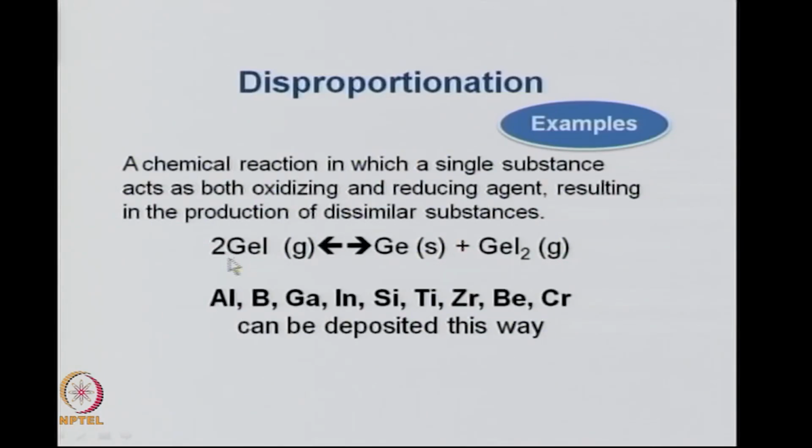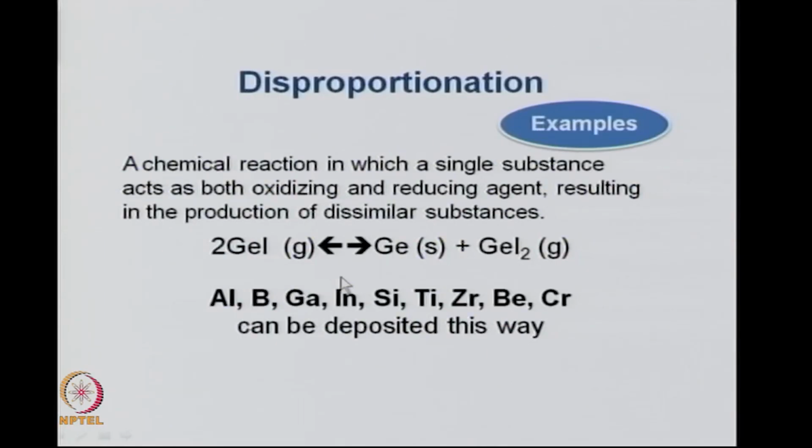So, you start with 2 moles of germanium iodide, where one of them oxidizes the other and the other one reduces the other. So, GeI, where germanium is in oxidation state +1, when 2 molecules of GeI come together in the gaseous state, they react and these GeI molecules disproportionate.